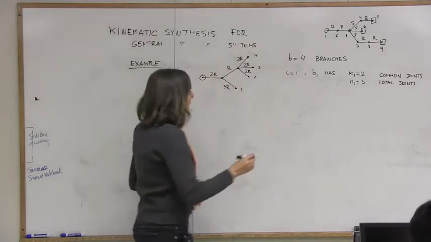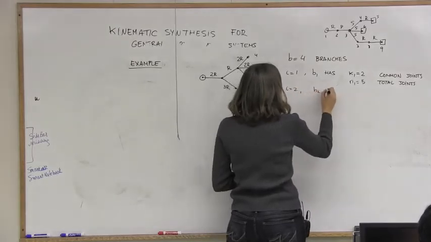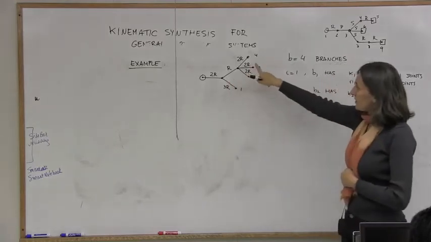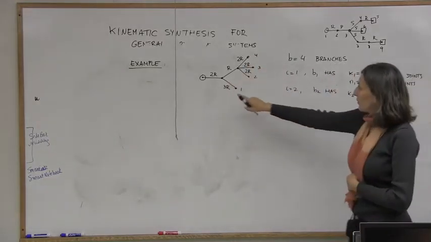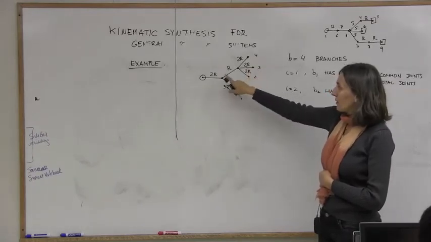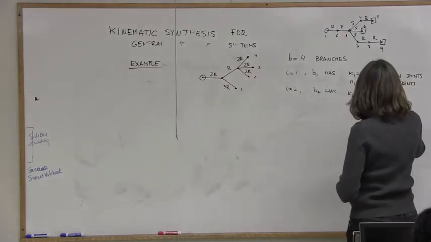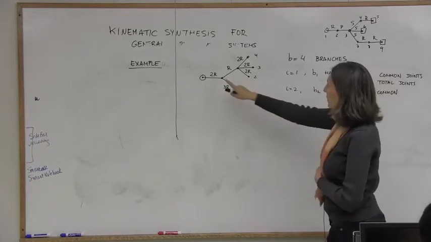Right? So i equal 2, B2 has K2. Now how many common joints are there, this is 3. Yeah, 3, because you have these 2 and this one. If this moves, they are not going to affect this one, but if that moves, it will affect common ones. And then N2 total will be 1, 2, 3, 4, 5.